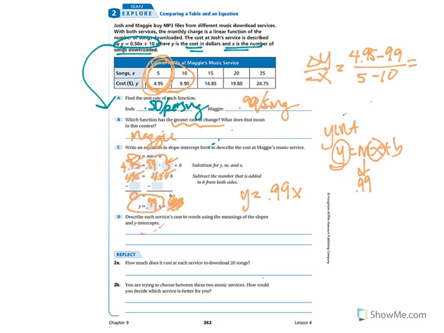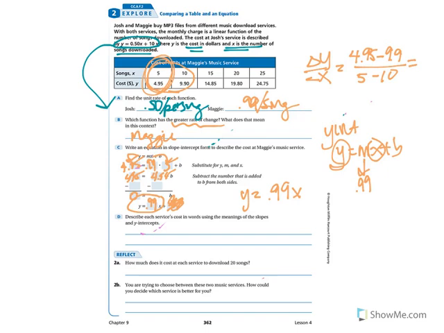So part D says, describe each service cost in words using the meanings of the slope and y-intercept. All right, so even though Josh pays only 50 cents a song, he has to pay that $10. So it's a $10 fee, a monthly fee. But Maggie has no monthly fee. So even though she's paying 99 cents for each song, she doesn't have to pay that big $10.